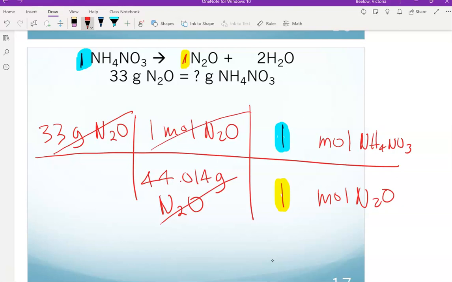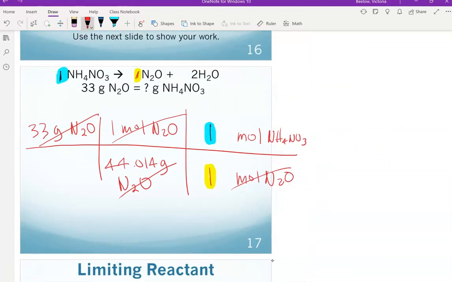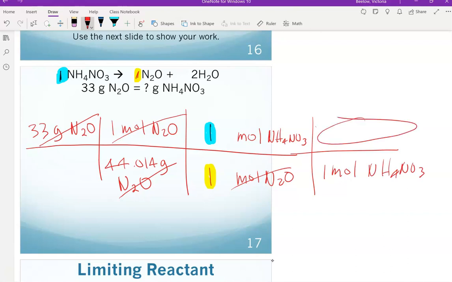So now I converted moles of N2O into moles of NH4NO3. For my last step, I have to get this into grams. And the only way to do that is to calculate molar mass. So molar mass says 1 mole of NH4NO3 is equal to the molar mass, which we're going to calculate and put here, of NH4NO3.